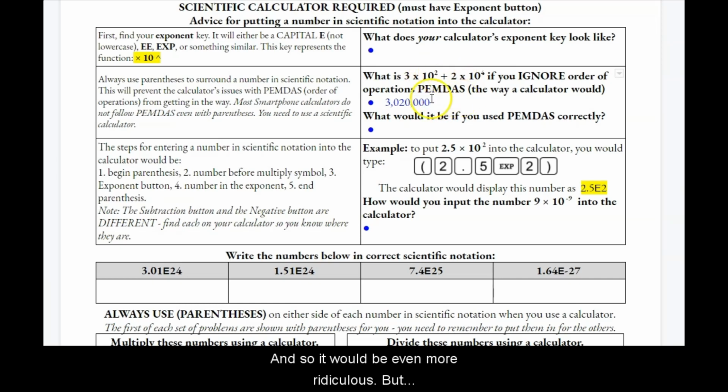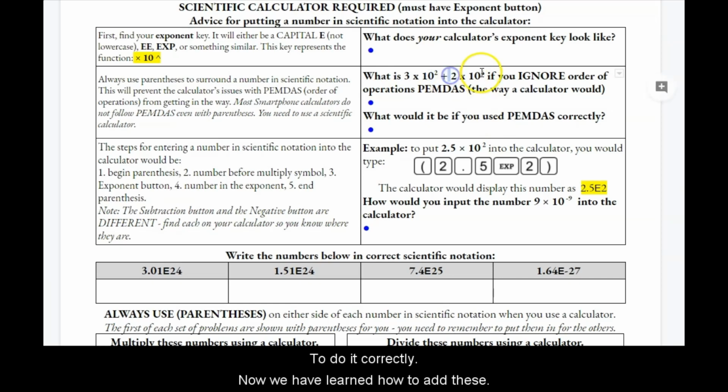And so it would be even more ridiculous. But let's find out what this would be if we actually add these together. Well, if we put it into a calculator, we have to put these parentheses on either side of this to force it to do it correctly.